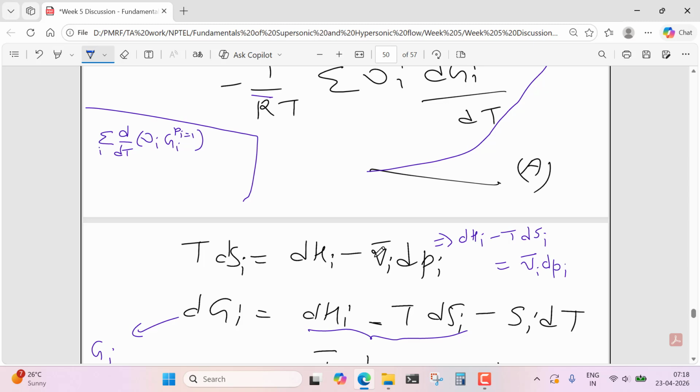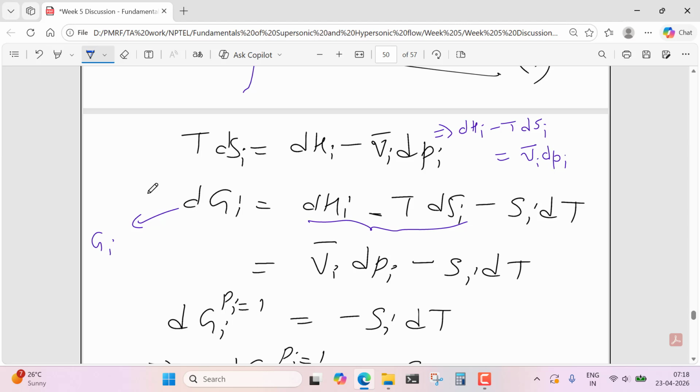There is also another equation, dḠ_i equals dH̄_i minus T dS̄_i minus S̄_i dT. From these two we get V̄_i dP_i minus S̄_i dT.